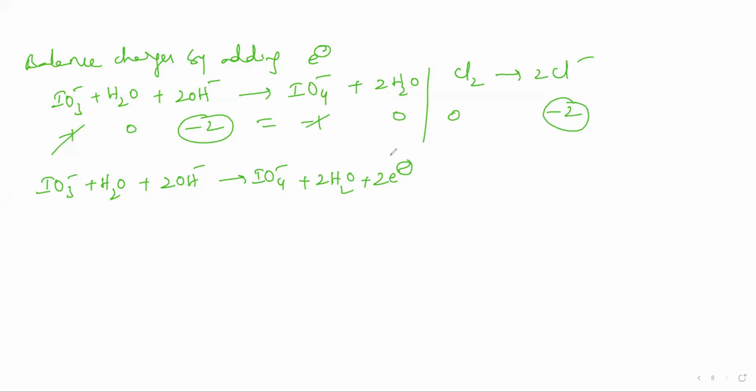Here, 2 electrons. Here, Cl2 plus 2 electrons. Now in both cases, you are getting the same number of electrons, isn't it?